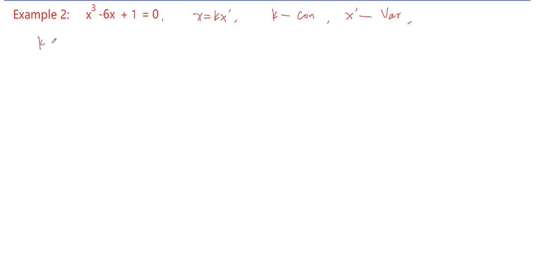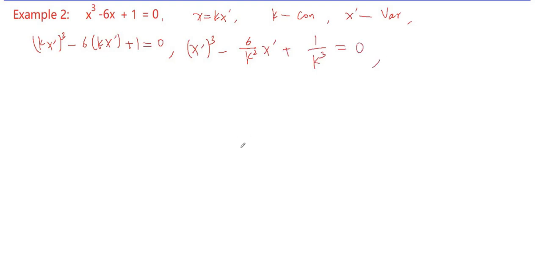And we have kx dot cube minus 6kx dot plus 1 equal to 0. x dot cube minus 6 divided by k square x dot plus 1 divided by k cube equal to 0. And we want to make 6 divided by k square equal to 3. So we can select k is equal to root 2.